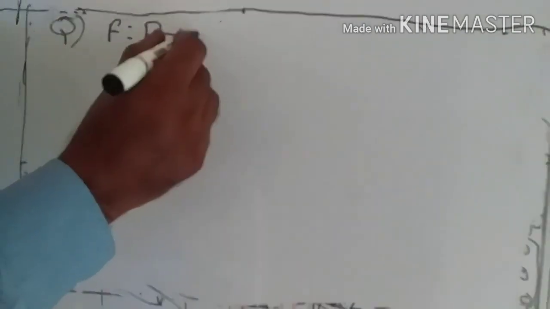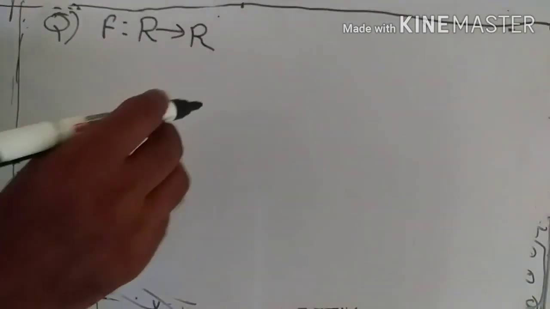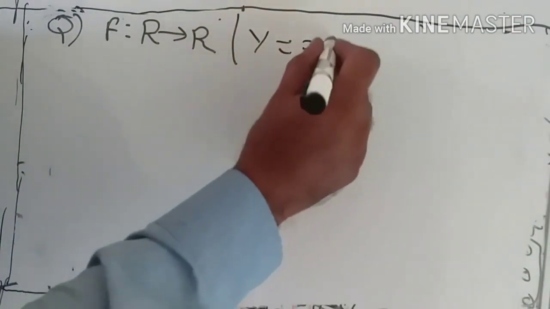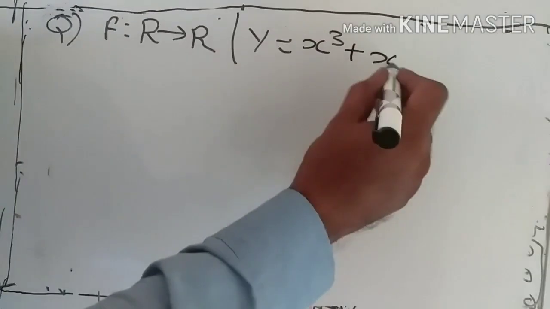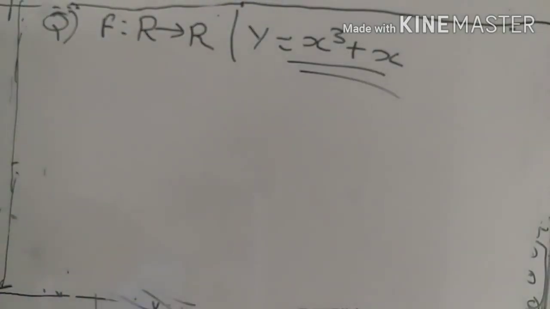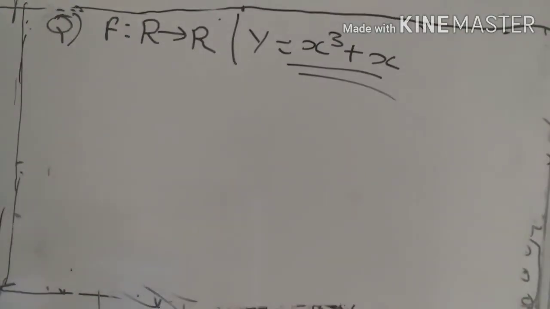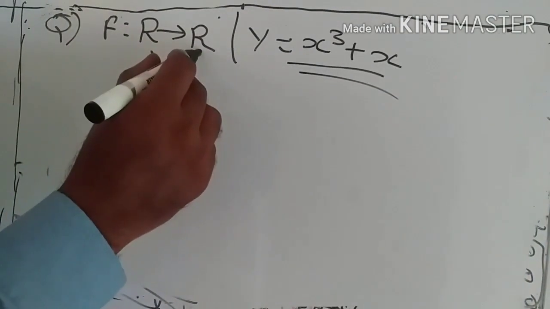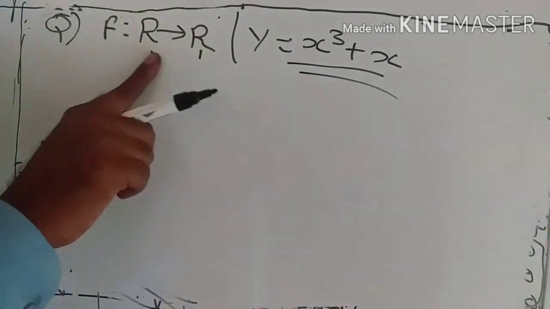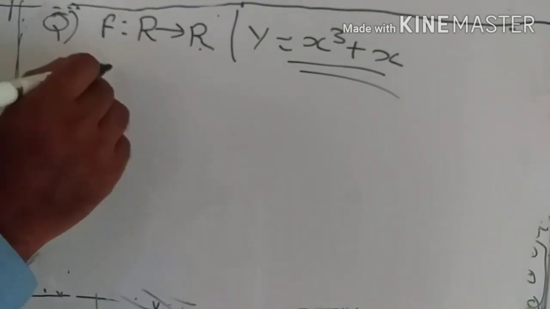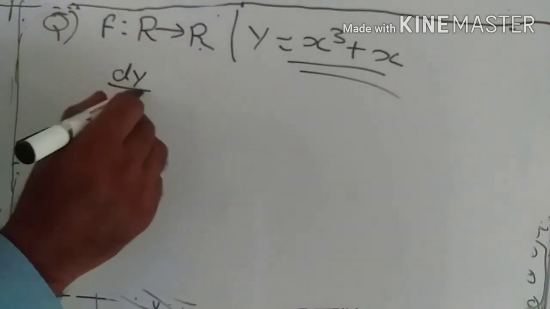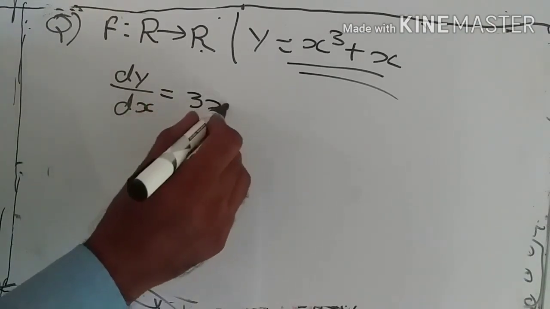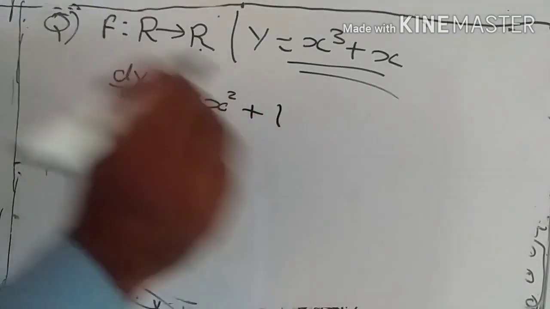f is from R to R. y is given as x cube plus x. Okay, this is our question. The domain is the set of real numbers and the range is the set of real numbers. Now, what is dy by dx? dy by dx is equal to 3x square plus 1.